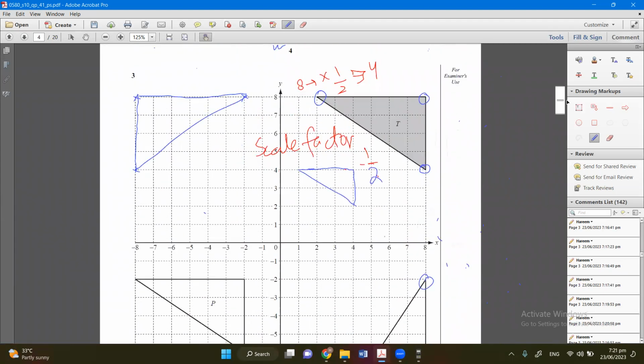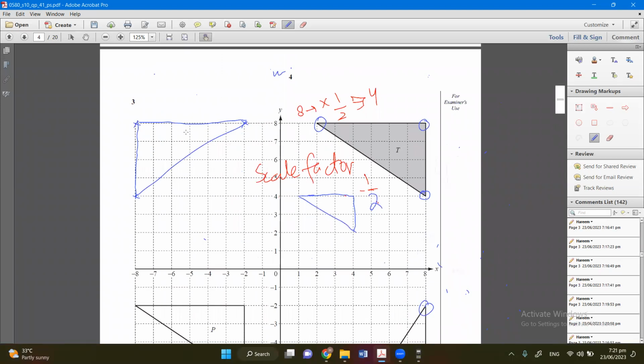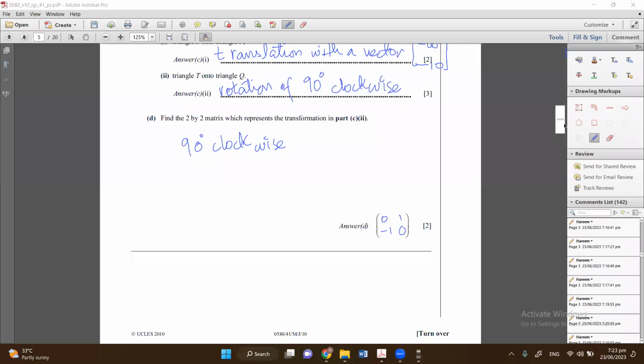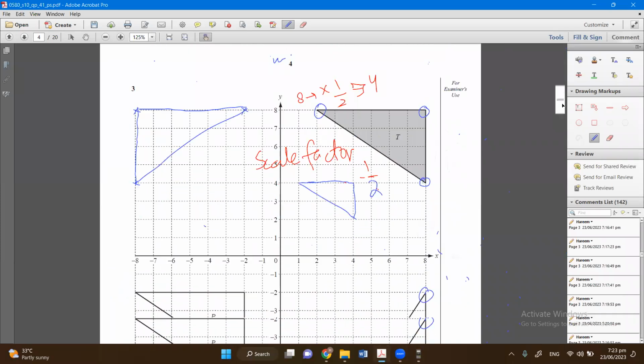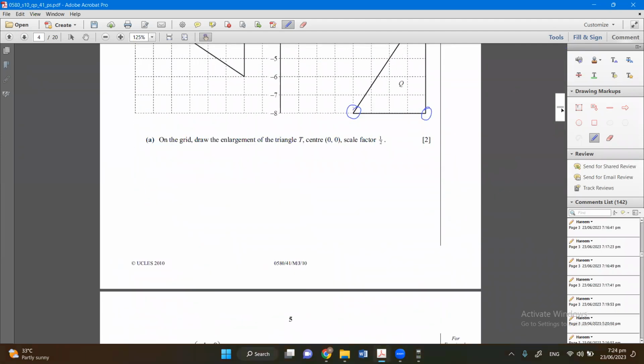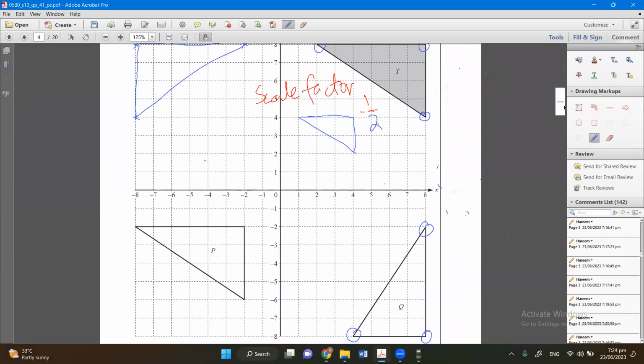Now question number 3. I have already done some of my calculation here. The part A of question number 3 is on the grid: draw the enlargement of the triangle T, center 0, 0, scale factor half.